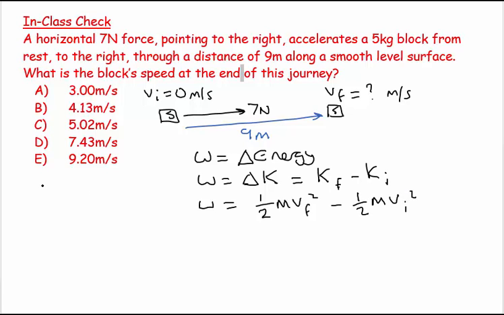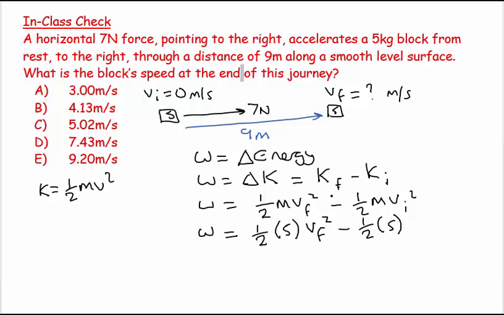I used K is equal to 1/2 m V squared for that. So my work is equal to 1/2, I know the mass is 5, I want to find V final, minus 1/2, I know the mass is 5, I know the V initial equals 0.